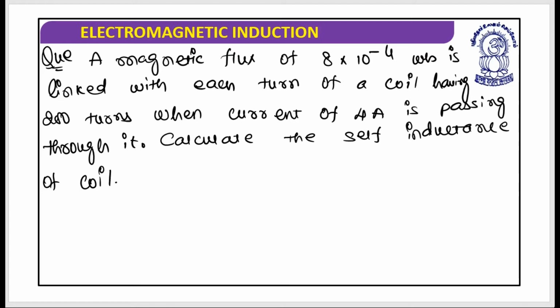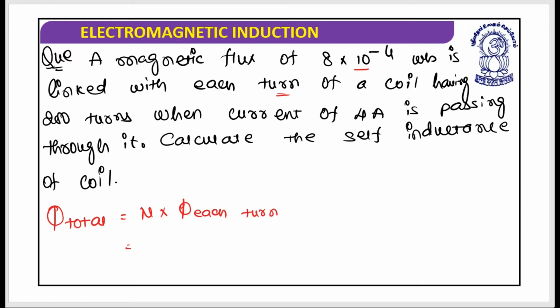So let's check what all has been given. I have been provided a magnetic flux, but this magnetic flux is linked with each turn. So phi total should be written as N into phi due to each turn.